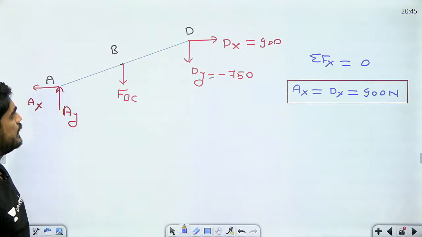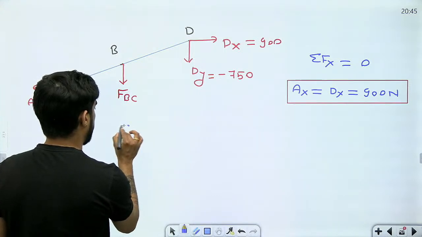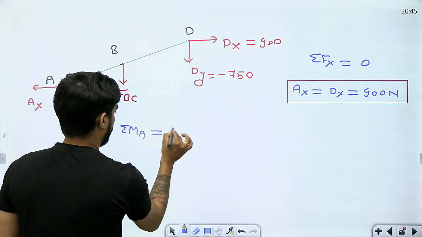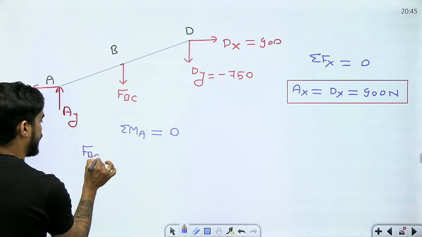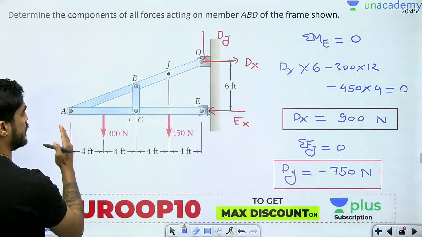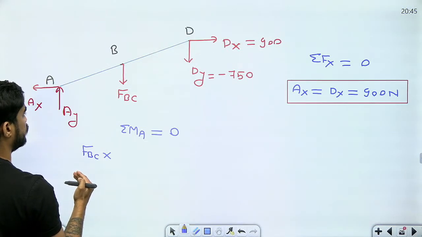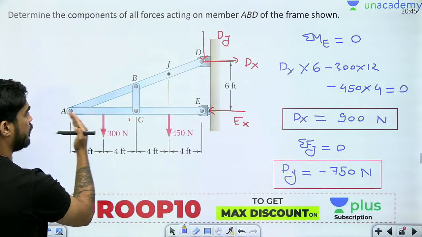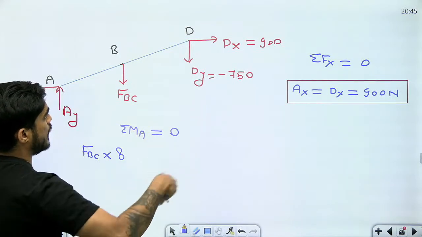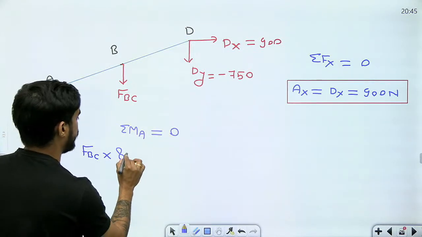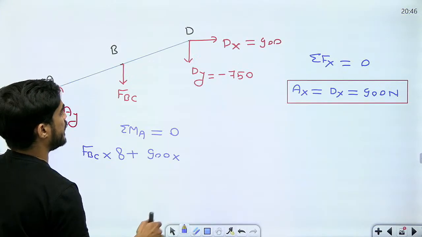And if I take moment at A, I will get FBC. Take moment at A. FBC multiplied by, what is this distance? Between B and A, 8 feet. It is clockwise. Moment of DX and DY will also be clockwise. So 900 multiplied by, what is this distance? 6.